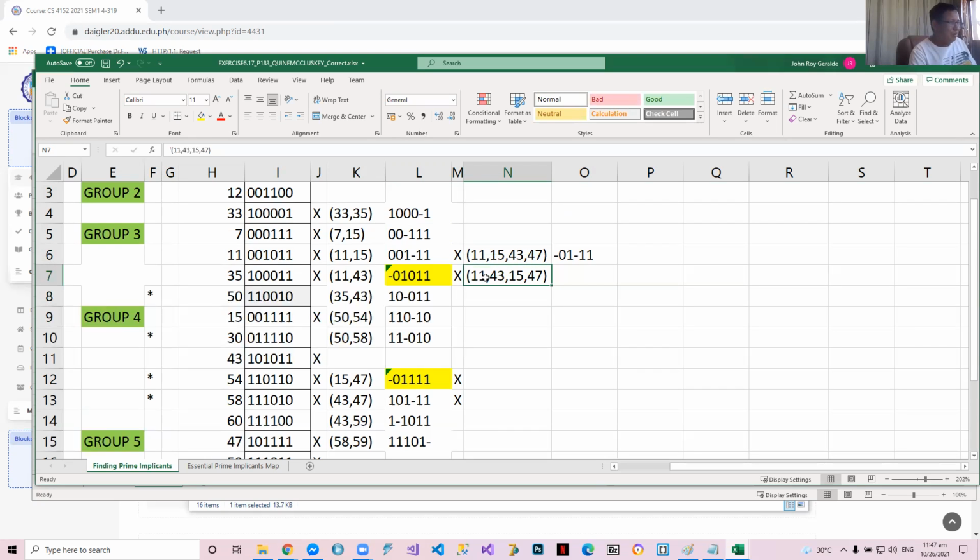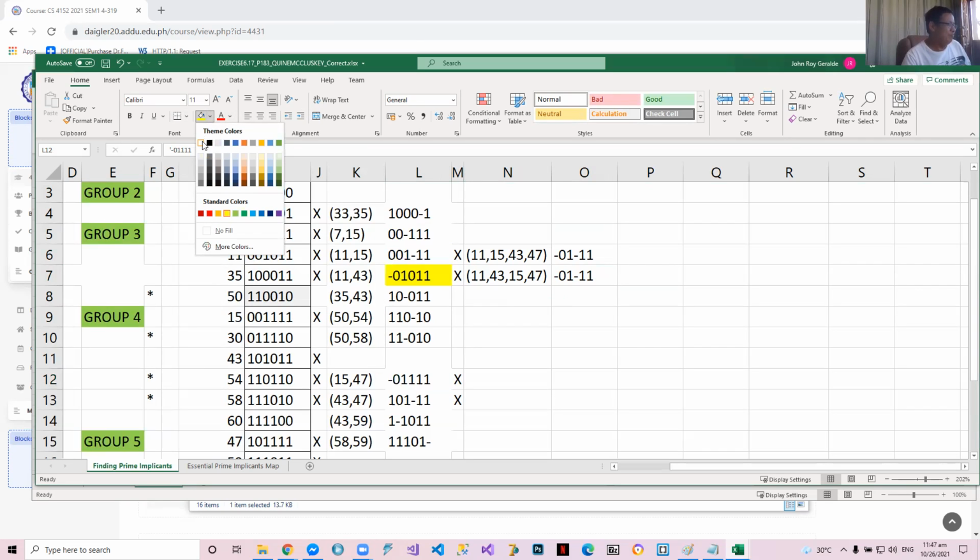So eventually these two will also be merged, because they have the same minterms. So what will we have for this? We'll have dash 01 dash, 01 dash 11. Correct? All six are the same. Do you follow? That's the good news, that they are the same, which means they are the same group. We'll proceed with this.